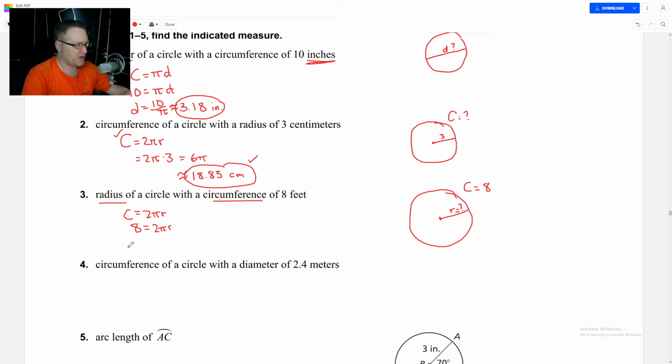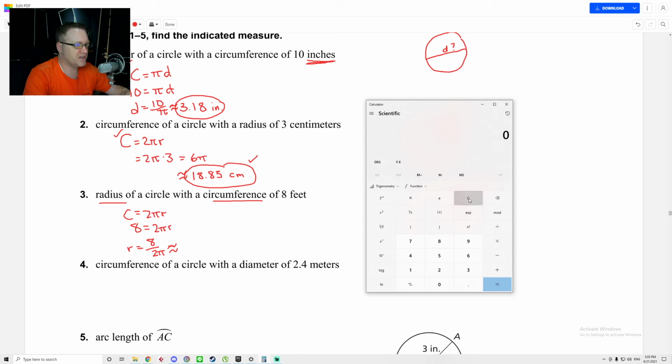We want to know r, so we're going to say r equals, and we have to divide both sides by 2 pi. This goes away, and this side becomes 8 divided by 2 pi. And that is the exact answer. Or if we want an approximation with a calculator, we say 8 divided by, in parentheses, 2 times pi, close the parentheses and hit equals.